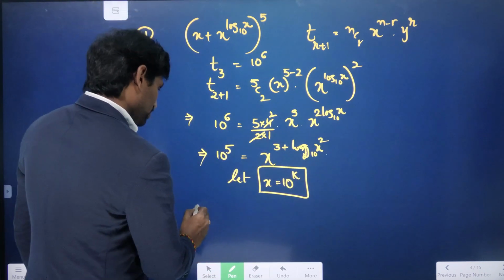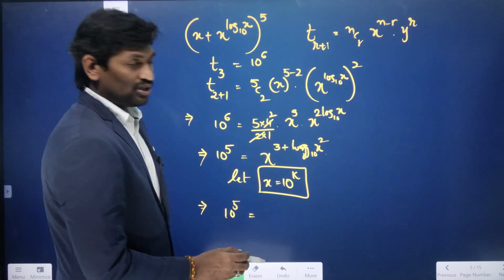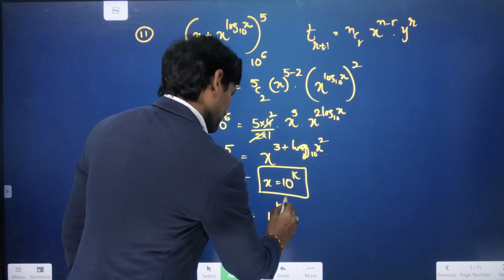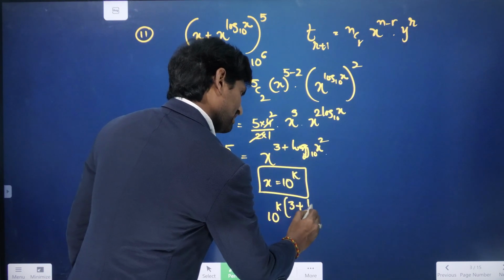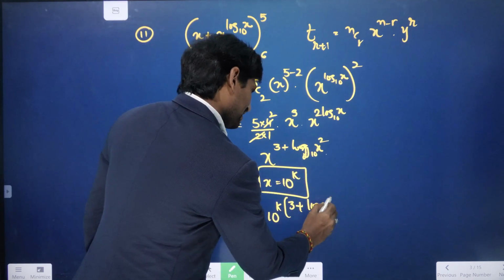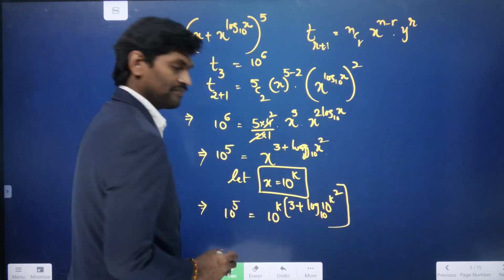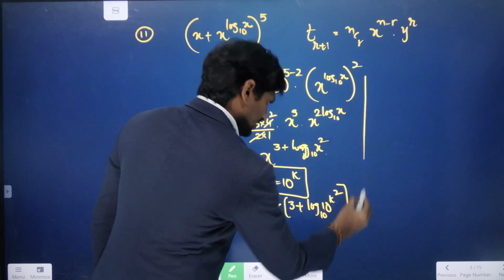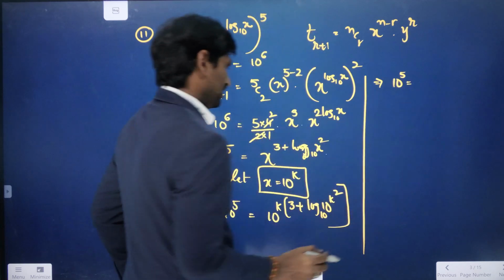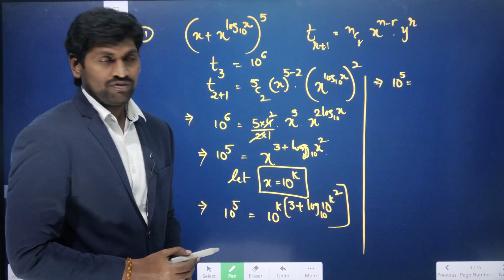Now substitute here. That implies 10 power 5 equals, in the place of x we write 10 power k, whole to the power of 3 plus log, in the place of x we write 10 power k, squared, to the base 10. The k squared will come to the front, then log 10 base 10 value will be 1.